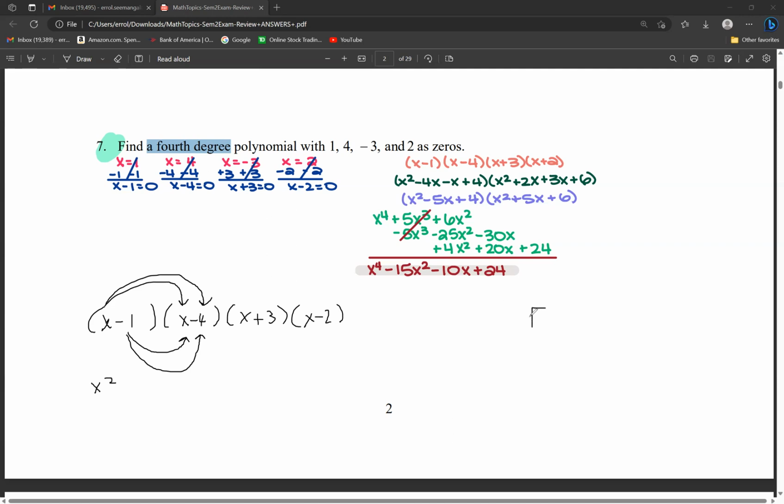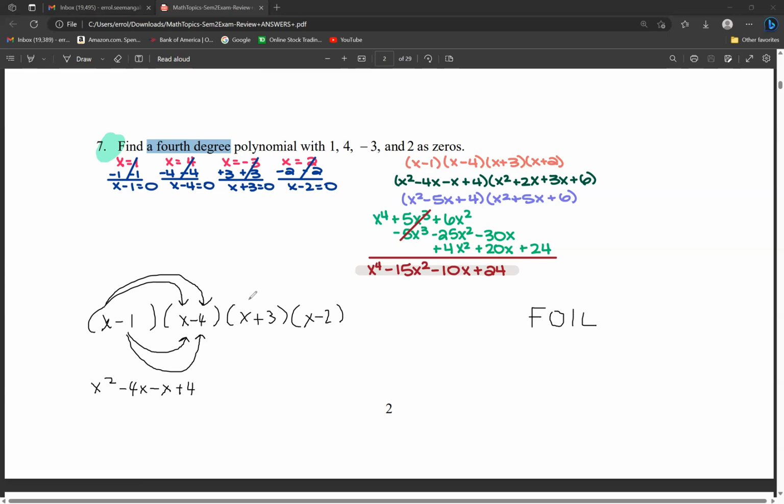FOIL means first, outside, inside, last. So what's the middle term? Outside is minus 4x. The inside is minus 1x. And then the last? Plus 4.